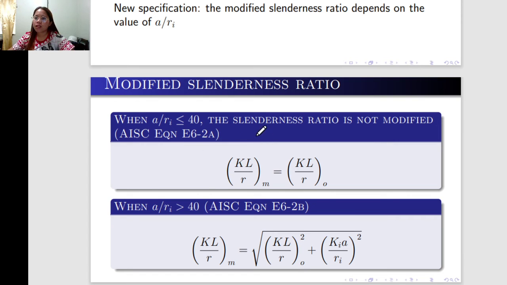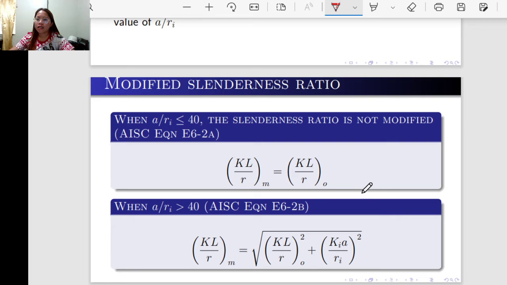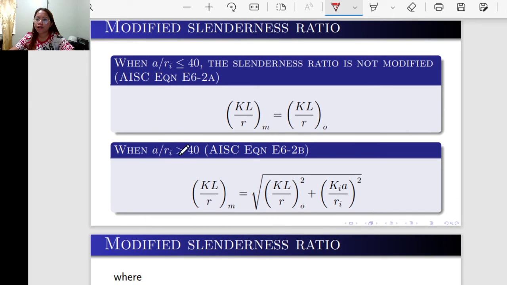So if a over ri is less than 40, you use the original unmodified slenderness ratio. But if a over ri is greater than 40, use equation E6-2b: the square root of the original slenderness ratio squared plus Ki a over ri squared.